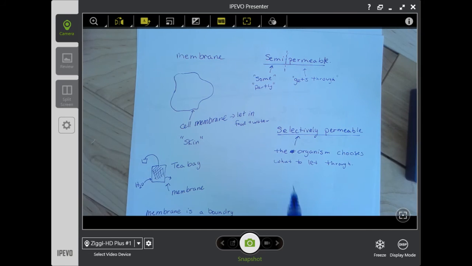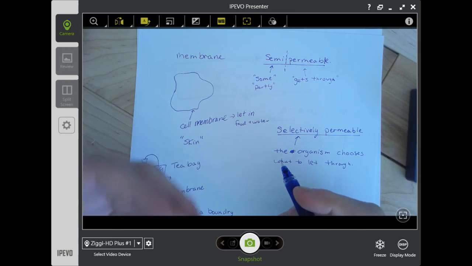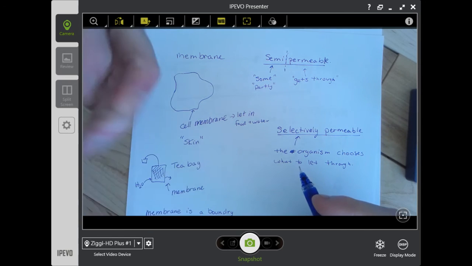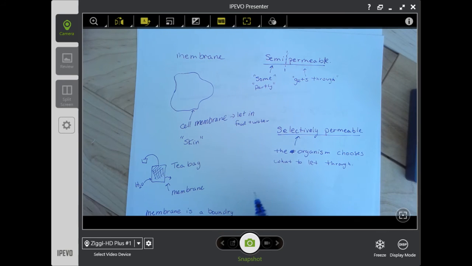So we can imagine something selectively permeable, like in our digestive system. So if you eat something, it'll go through your stomach into your intestines, and your intestines will pull out all of the good stuff and will leave the rest. So it'll choose what it wants to allow through into your blood as nutrients, and it will just let the rest pass as waste, right? So it only takes in what it wants.